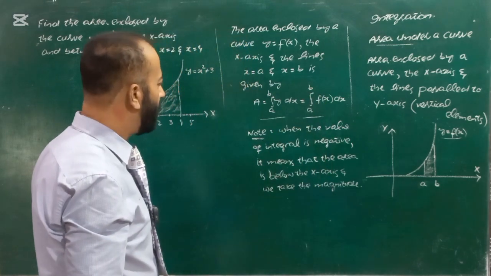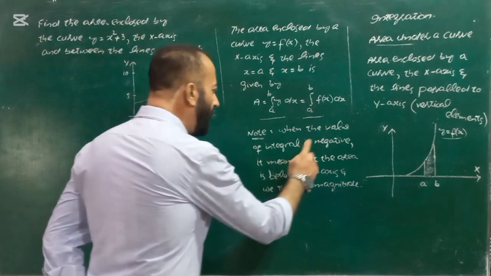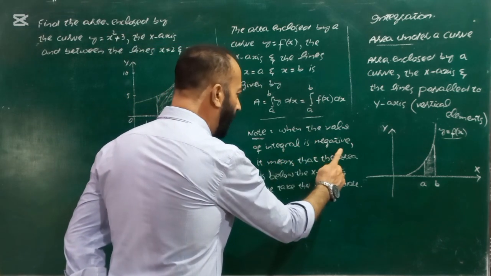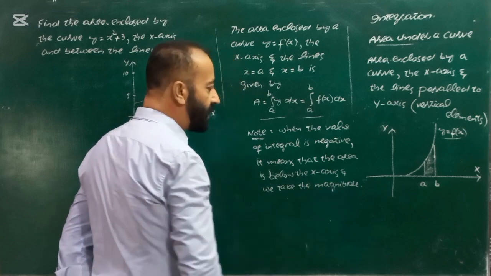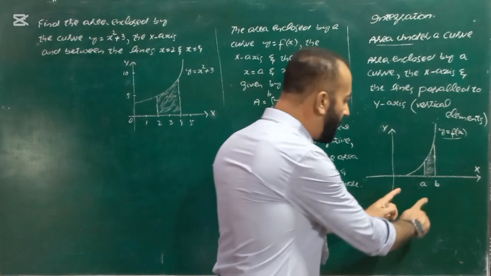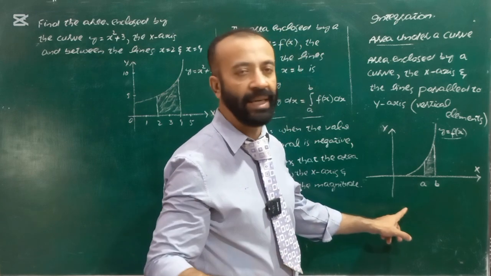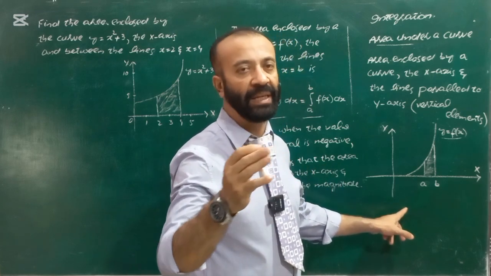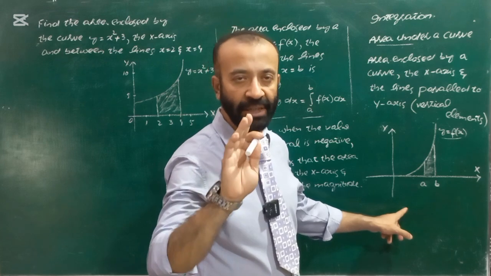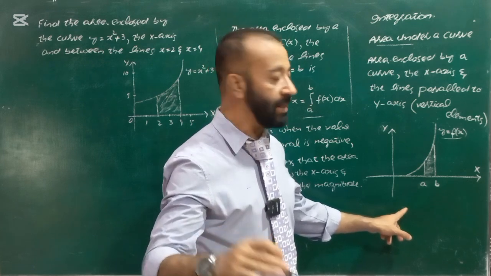A very important note for this kind of question is, when the value of the integral is negative, it means that the area is below the x-axis. So sometimes the area will be below the x-axis. When we integrate the equation and, after applying the limits, we get a negative answer, that will show that the area is under the x-axis.